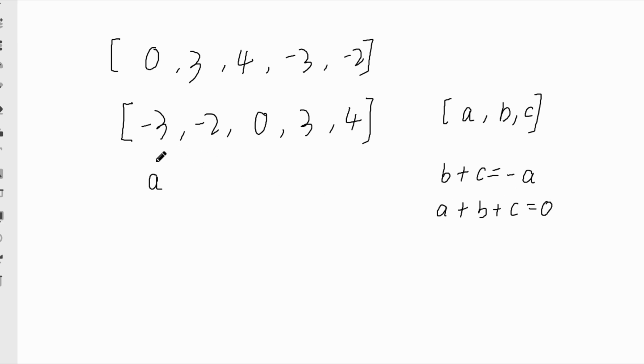So in this example, A is -3, so we need to find B plus C equal to 3.